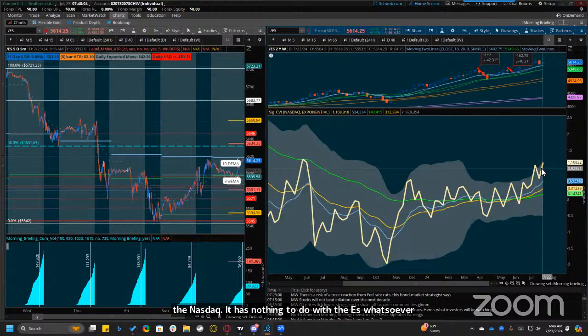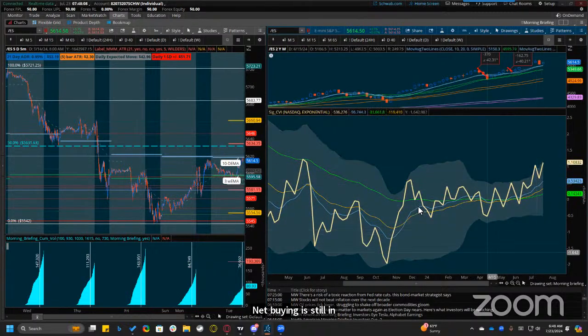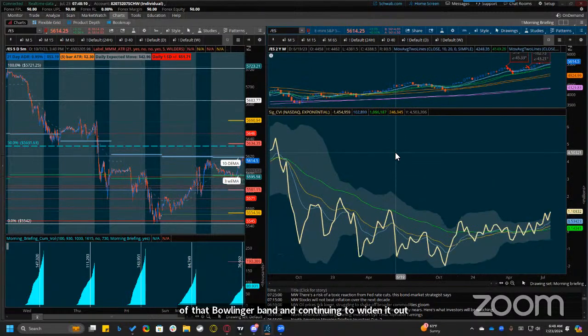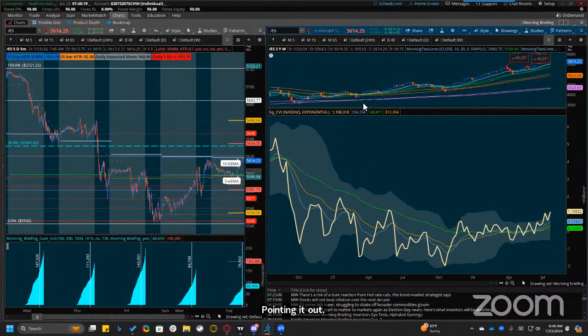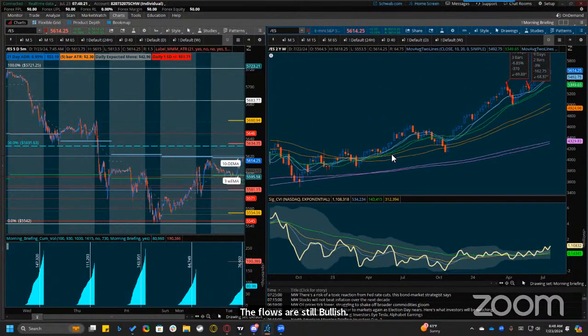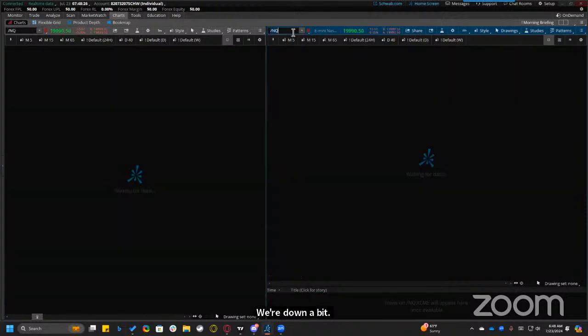Net buying is still in effect. We're pressing the edges of that Bollinger Band and continuing to widen it out like we have done before, right? Just pointing it out. The flows are still bullish, even if we're down a bit, or it seems like we're sideways and we're just not doing anything.